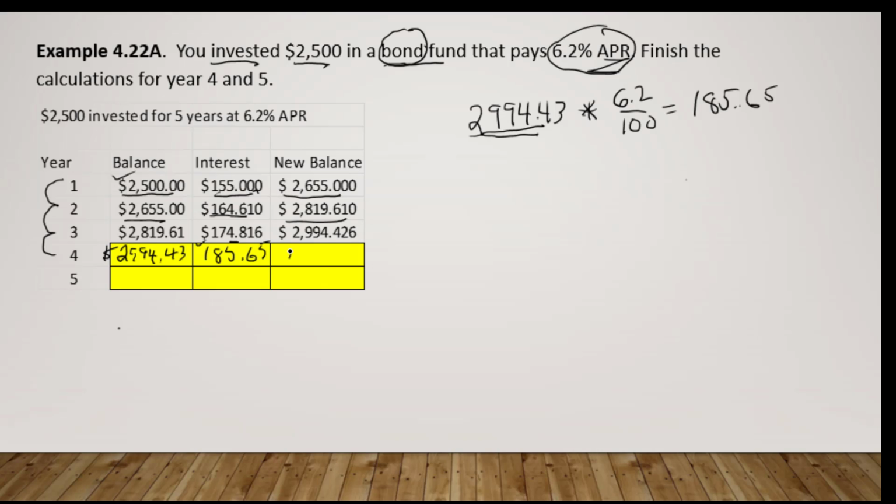And I'm going to have $3,180.08. So that's how much I have at the end of 4 years.